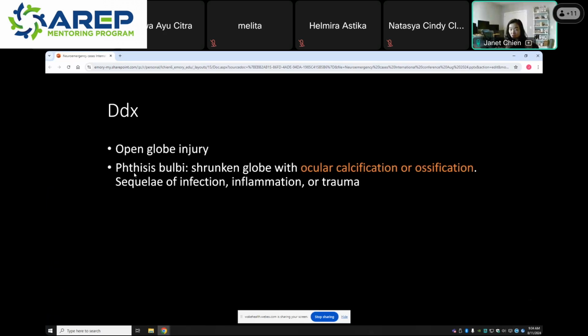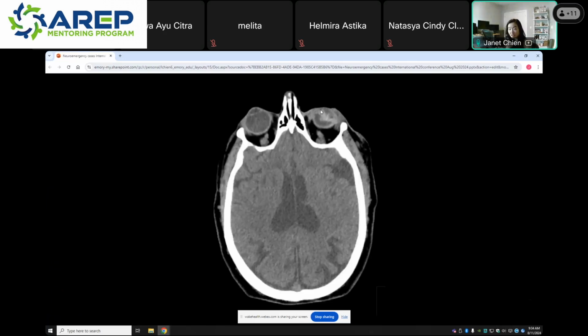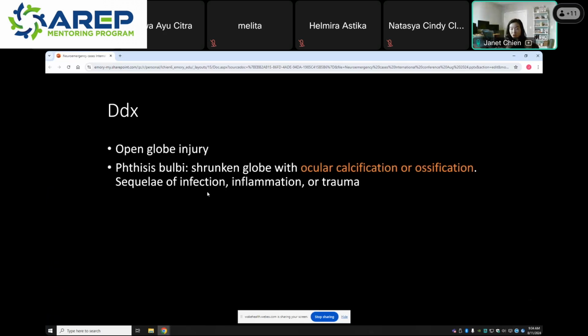However, I did not know that to call phthisis bulbi, you have to have ocular calcification or ossification. This is a case of open globe injury. The globe was not calcified. This hyperdensity was acute blood products in the vitreous. So remember, to differentiate the two, look for ocular calcification or ossification. Phthisis bulbi is a nonspecific sequela of prior infection, inflammation, or trauma.